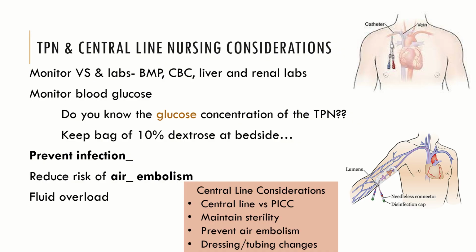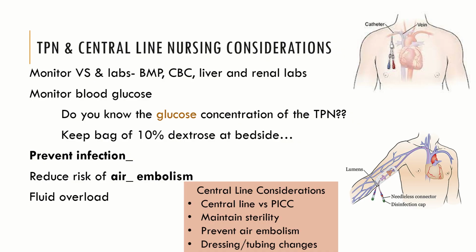There is a certain set glucose concentration in the TPN bag, so if we ever run out of the TPN, they're no longer getting that glucose concentration, and we need to keep a 10% dextrose bag at the bedside in case we do run out and it hasn't been mixed up yet from the pharmacy.